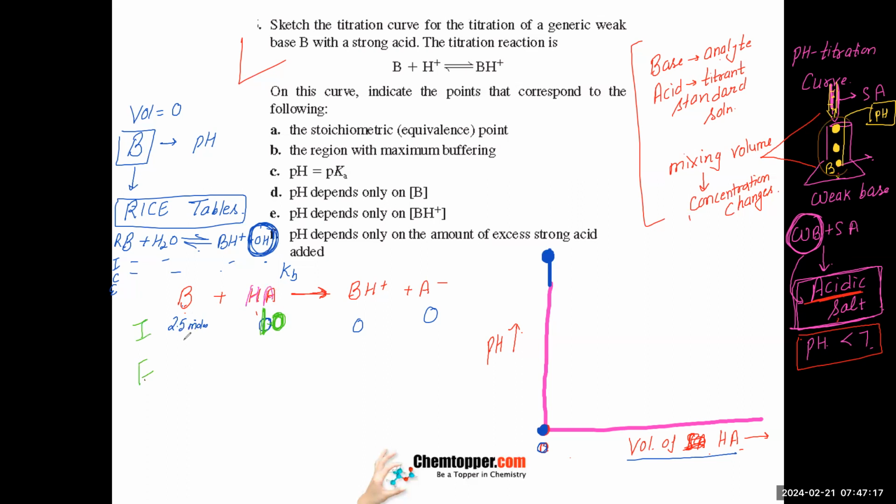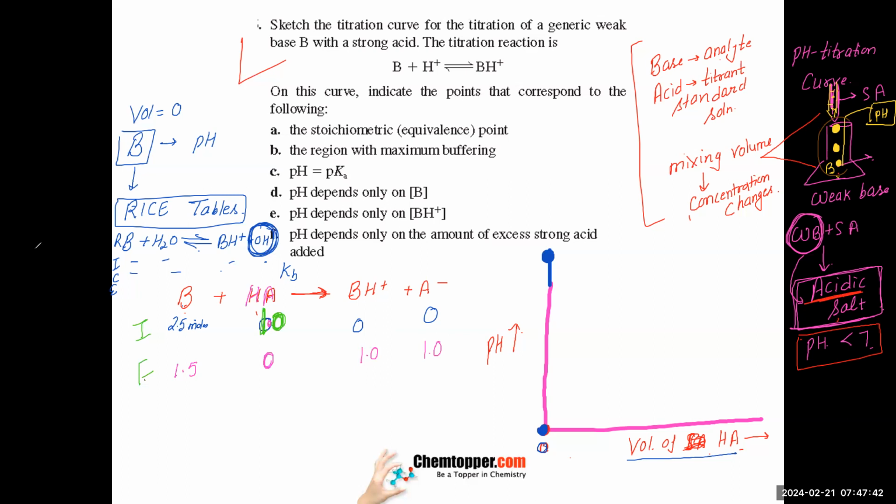How much base left? 1.5. How much HA left? 0, it is the limiting reactant. How much BH plus formed? 1.0. How much A minus? Also 1.0.